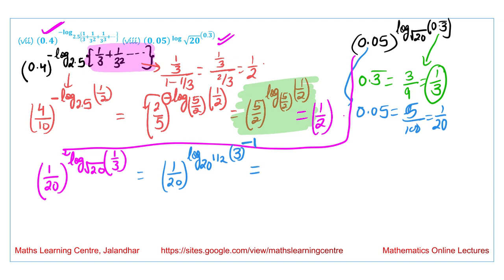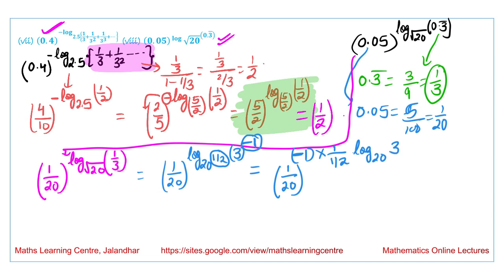We can write this as 1 by 20 raised to the power, this minus 1 will come out, and this 1 by 2 we can write as into 1 by 2, log base 20 of the number 3.